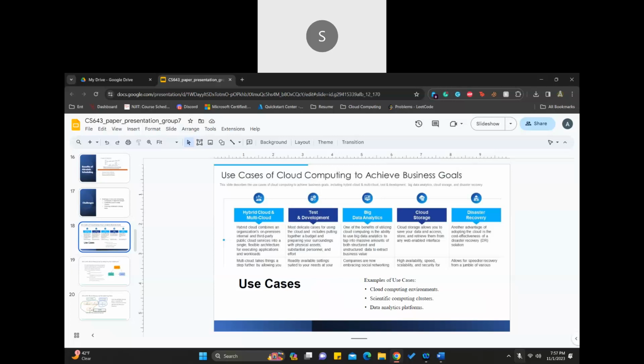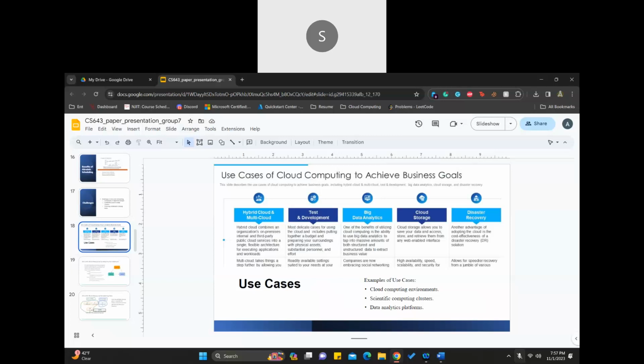And with scientific computing clusters, researchers require powerful computing systems to handle and process complex scientific data, so proper task allocation ensures that every research task receives adequate resources.